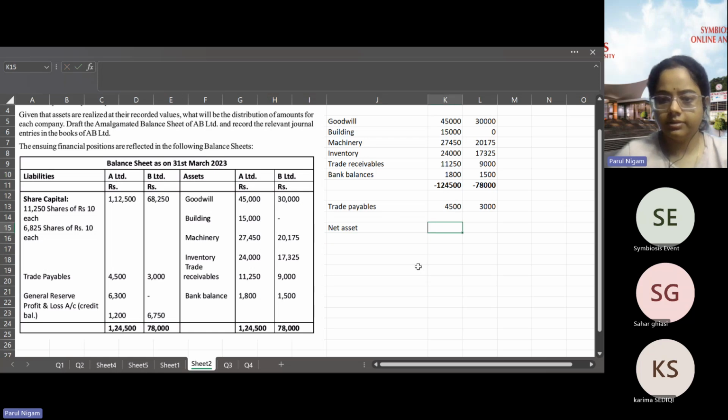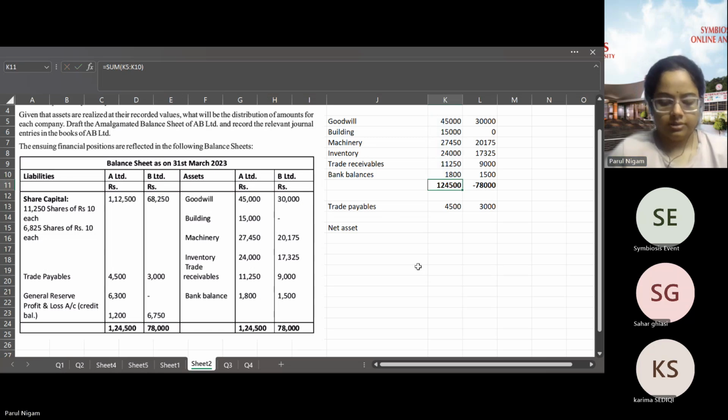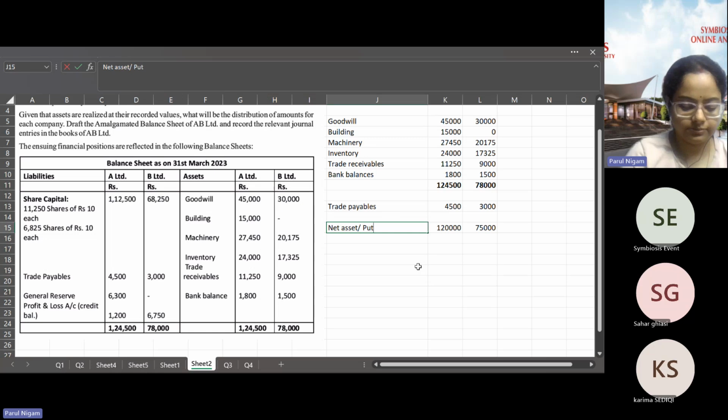We will just take the difference. Oh, why is it negative? This should not be negative. Okay, so your total assets were 1,24,500, and then we will deduct the liabilities which have been taken over. So the net assets is your purchase consideration also. So that is this much.